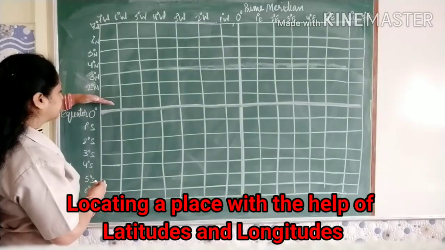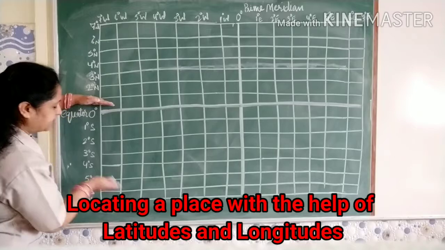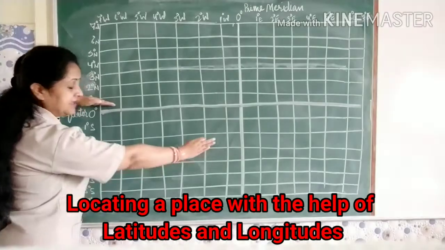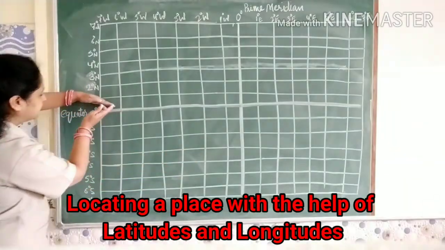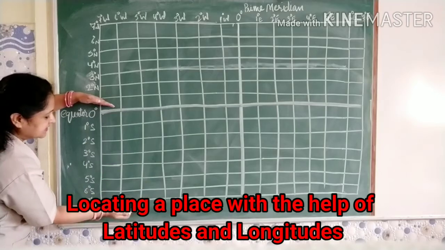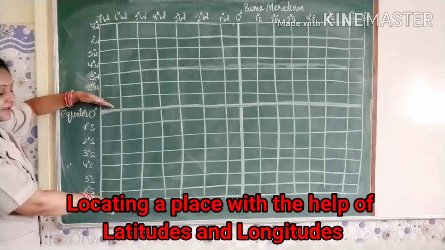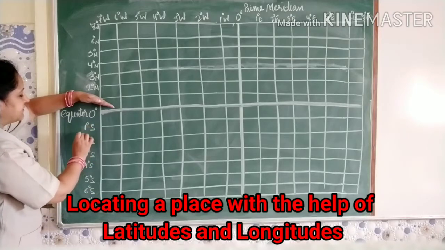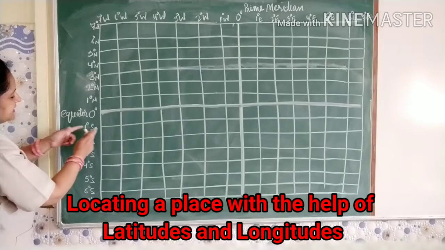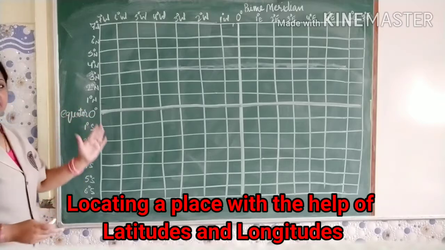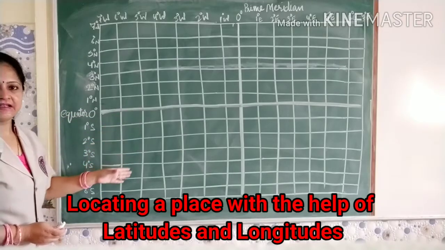All the lines drawn horizontally from 0 degree equator towards the southern hemisphere are marked 1 degree S, 2 degree S, and so on, that means all the lines towards the southern hemisphere.